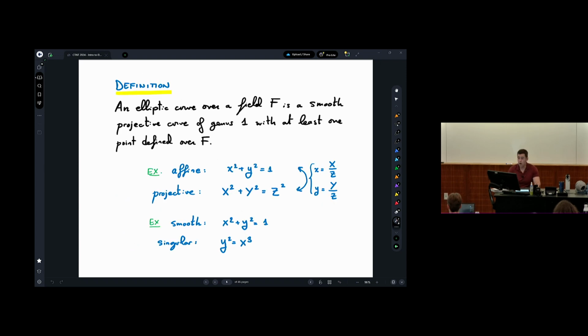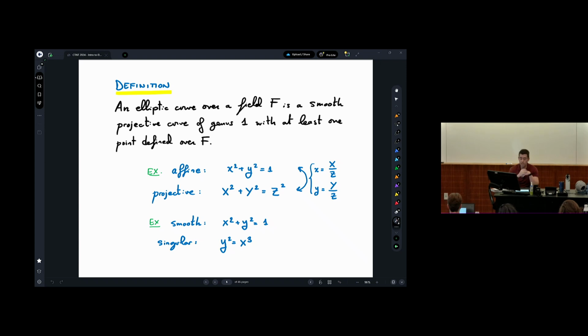So an elliptic curve, as I told you before, is a smooth cubic curve. An elliptic curve is, in fact, over a field F, any smooth projective curve of genus 1. So we can actually drop the cubic assumption. Just any curve of genus 1 in projective space, in the projective plane.